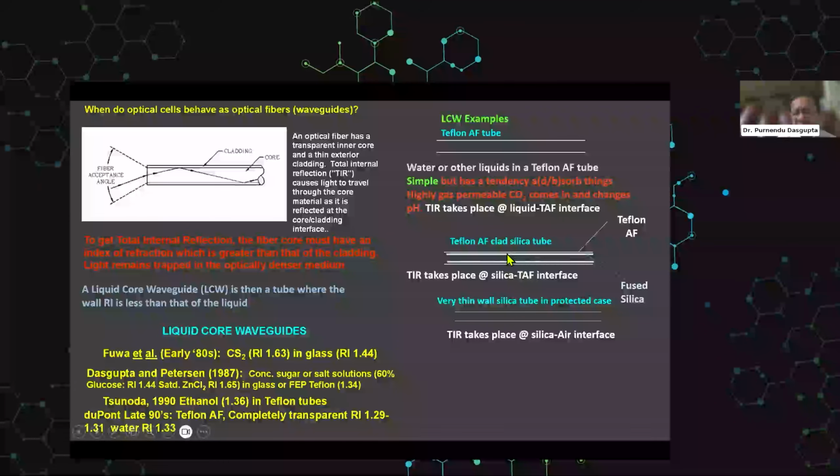The silica is optical quality, so it has very low attenuation, even though light may go through it many times. Agilent uses nothing more than a very thin wall silica tube. Here the TIR takes place at the silica air interface. You have to make sure that no dust deposits on it, so you have to put it in a separate box and not open it often.